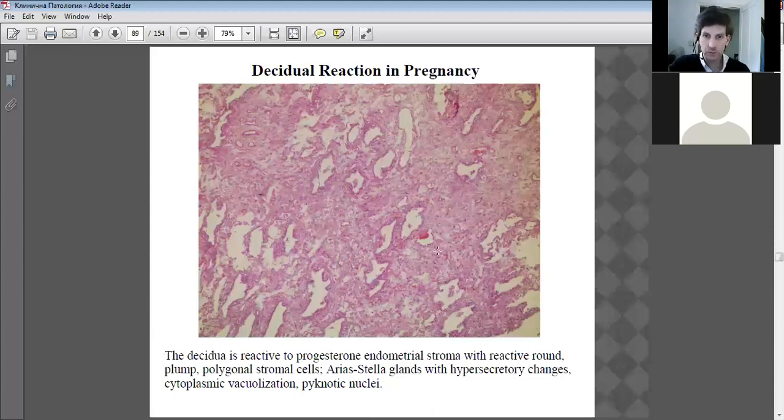There's no real examples of necrosis. A lot of blood supply to this tissue. Polygonal cells. Let's look for some of these polygonal stromal cells. These are polygonal cells here. They supply nutrients to the growing tissue.